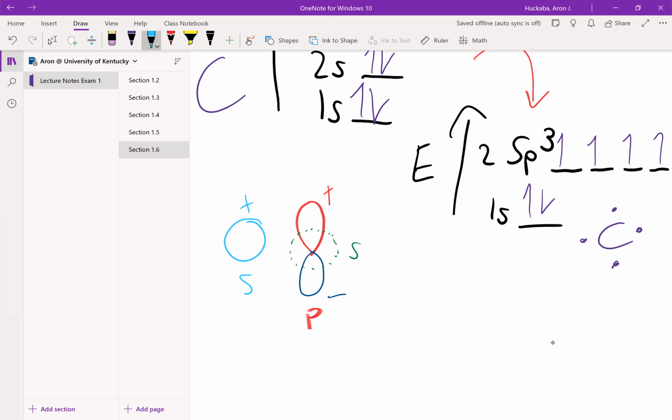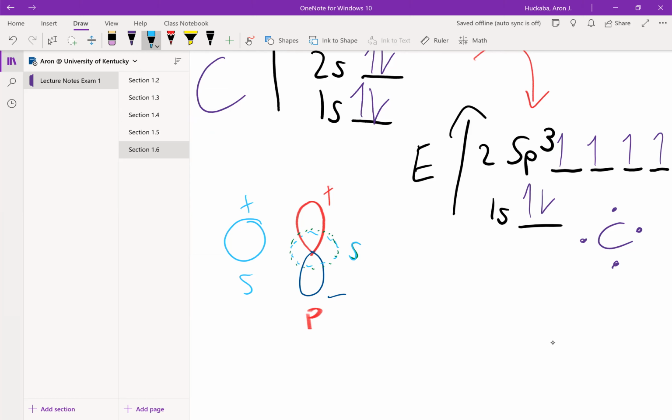So when we overlay, when we mix the s with the p, remember that this s and the green s is the same. When we overlay those two, let's say that this is positive and we have a positive side over here.